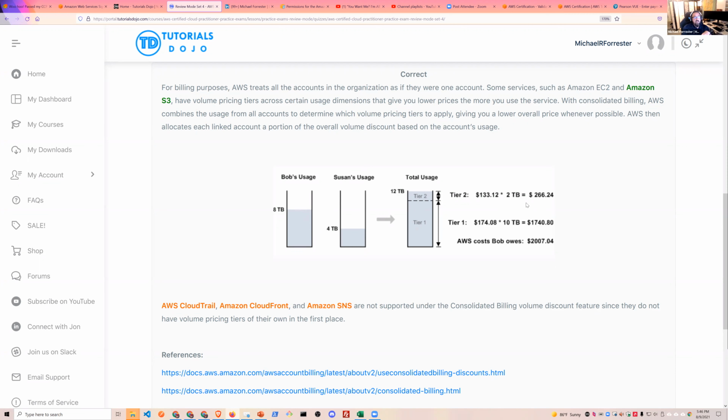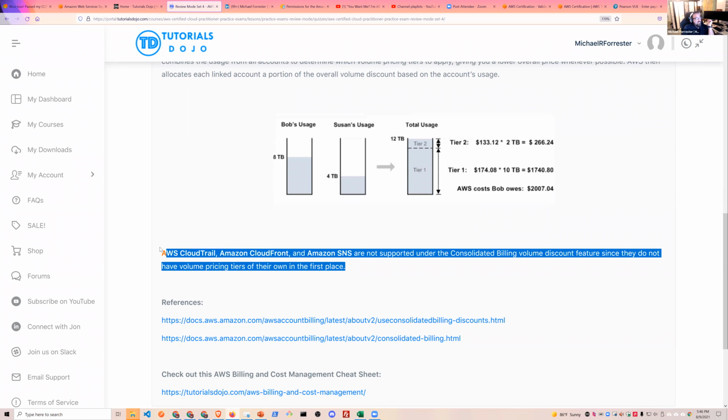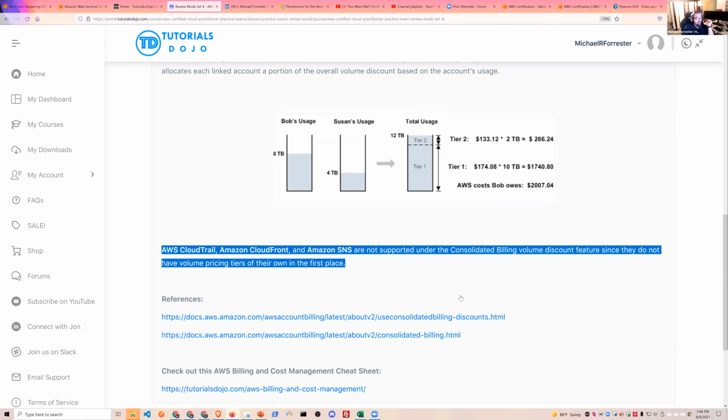But here's the cool thing. When you get above a certain level, above 10 terabytes, the price per terabyte drops, right? So instead of paying the full 174 per terabyte, it dropped to 133 per terabyte. Notice that these other ones do not have volume discounts, so they wouldn't have been in the running anyway, right?